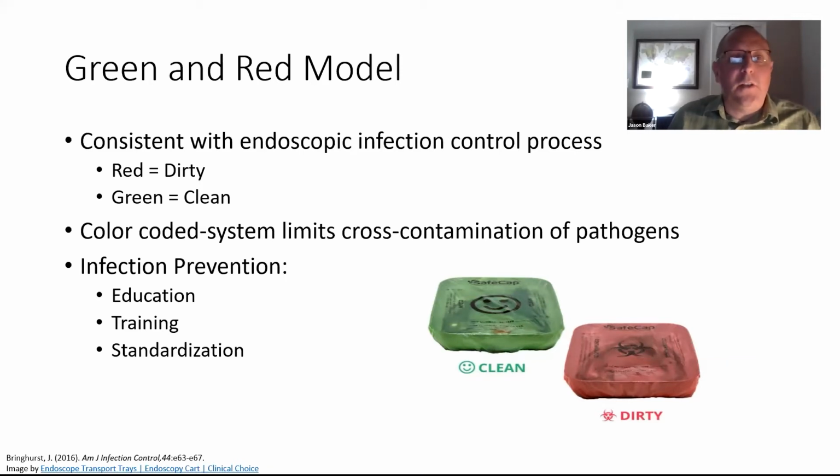Red means dirty, green means clean. They also have these big symbols, another indicator to show you what it is. This color system really limits the amount of cross-contamination that may occur, maybe limiting or even eliminating the use of a non-disinfected catheter on a patient because the process wasn't completed.